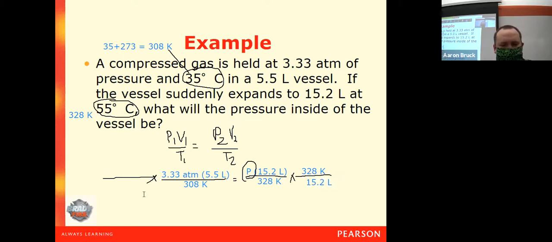Do that to both sides. My liters cancel, my Kelvin cancel on the one side, so I've just got pressure. None of my numbers cancel on the left-hand side, but my unit of Kelvin and my unit of liters both cancel. I'm left with just atmospheres.